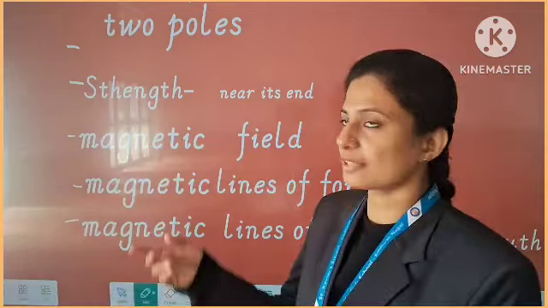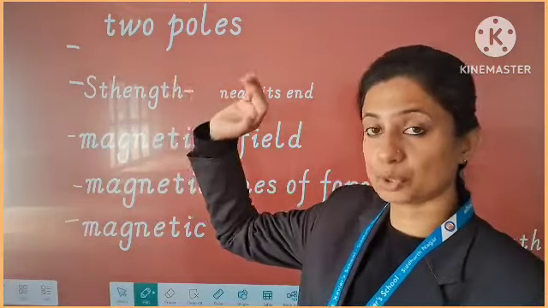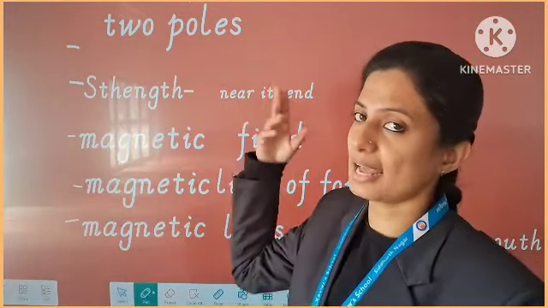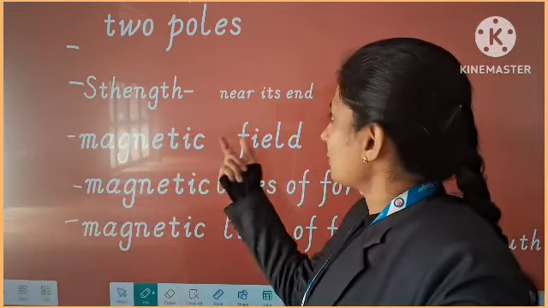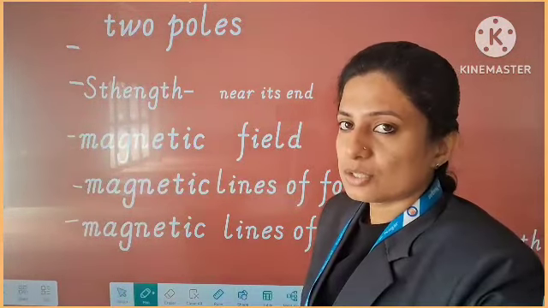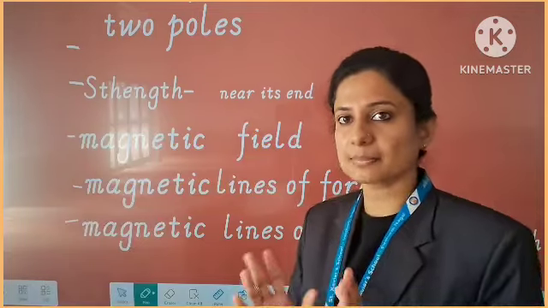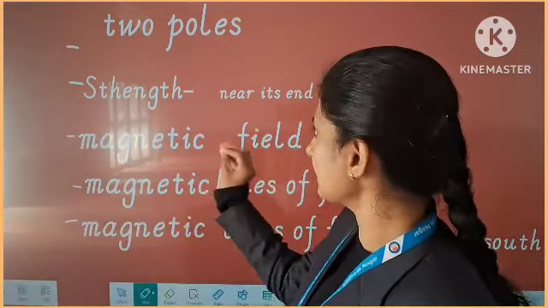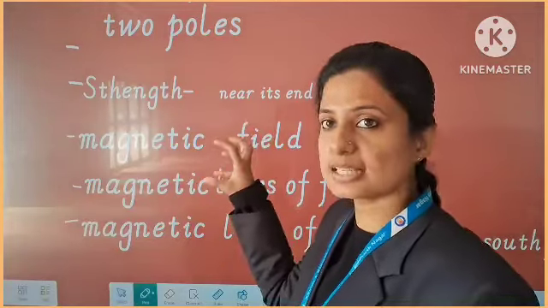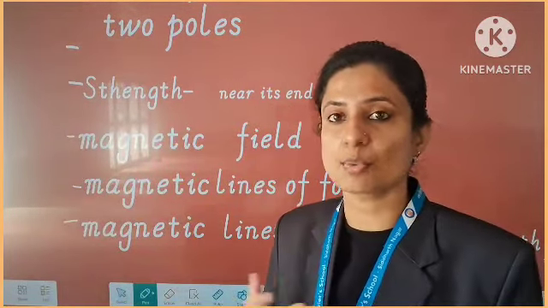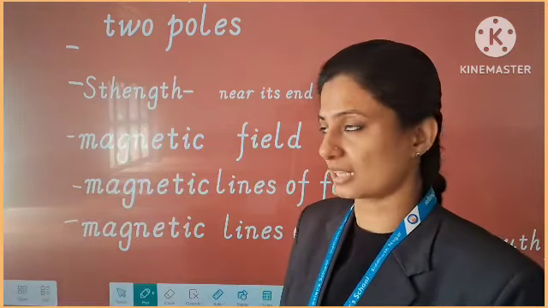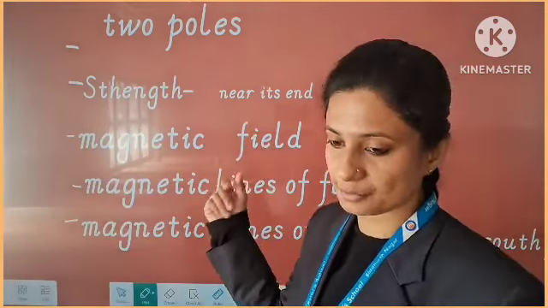According to that, we give the names north pole and south pole. That is the first one. The second one is the strength of the magnet. The whole magnet has the magnetic property, but near its ends it has more magnetic strength.